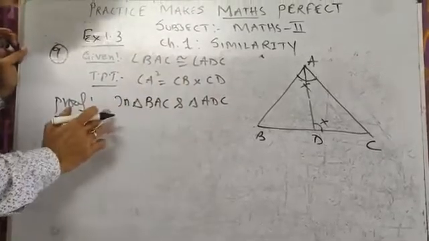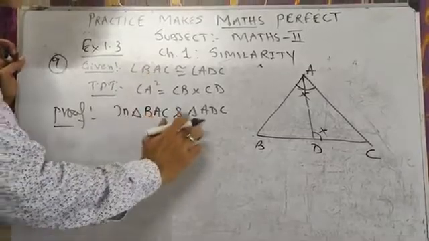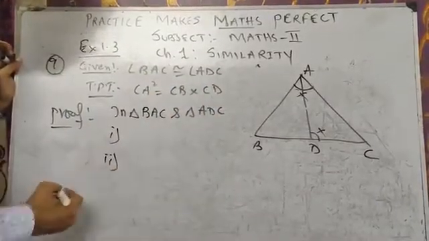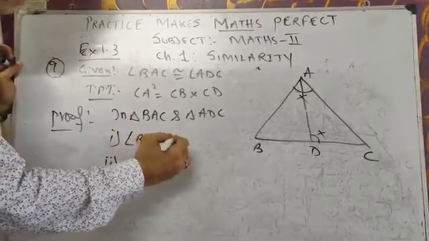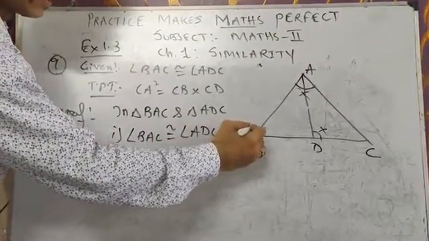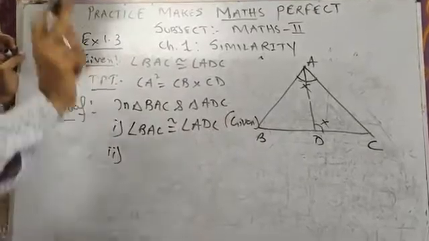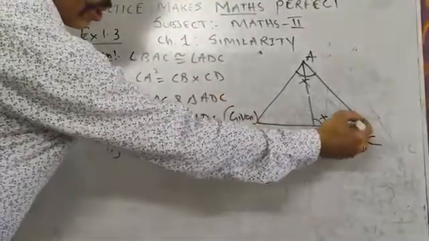So first of all, in proof we will take in triangle BAC and triangle ADC. Two conditions. First condition will be same as given. Angle BAC is congruent to angle ADC. This is given. Second condition you will search in the diagram, which you know very well, that is common angle.